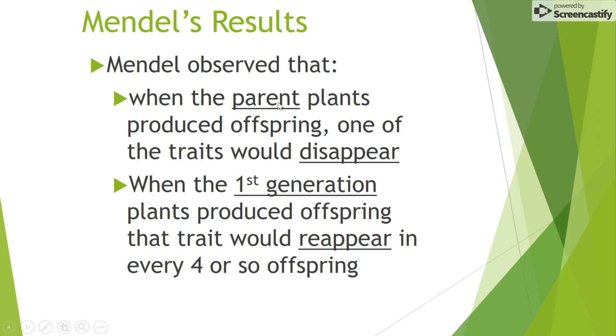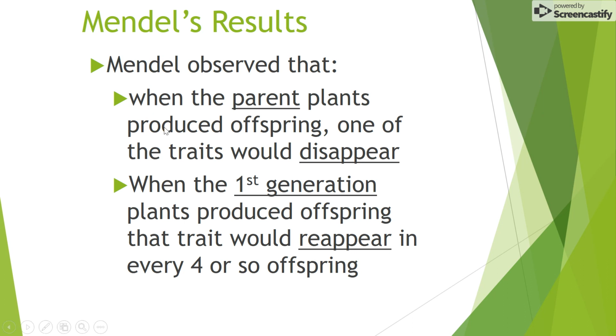Okay, so here's what he observed. A lot of what we just talked about. When the parent plants produced offspring, one of the traits would disappear. When the first generation plants produced offspring, that trait would reappear every 4 or so offspring.